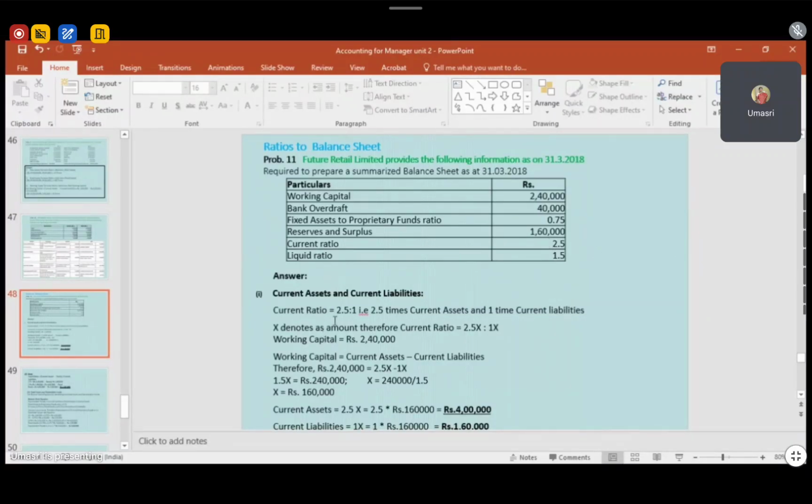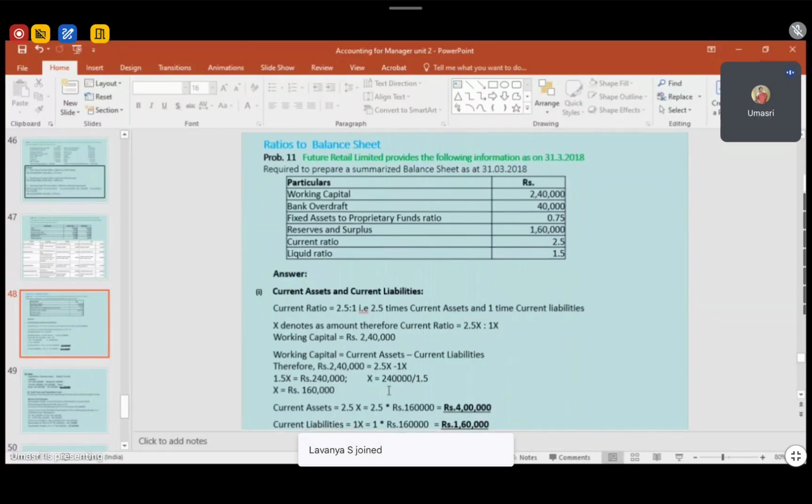That means 2.5 times of current asset minus one time of current liability is equal to working capital. That means current asset minus current liability, right? So 2.5 minus 1, that means 1.5 times is equal to working capital 2,40,000. What for one?